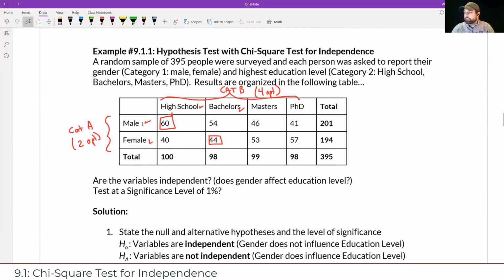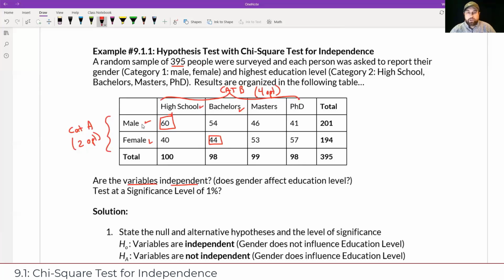So let's go through an example. Here's the example that we talked about a little bit earlier. A random sample of 394 people were surveyed, and each person was asked to report their gender, male or female, and their highest education level: high school, bachelor's, master's, or PhD. What we'd like to know is, are the variables independent?